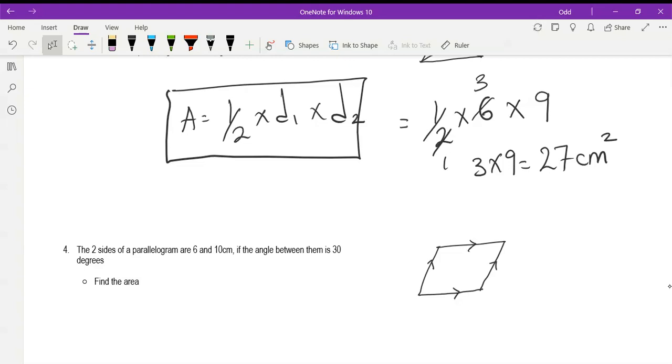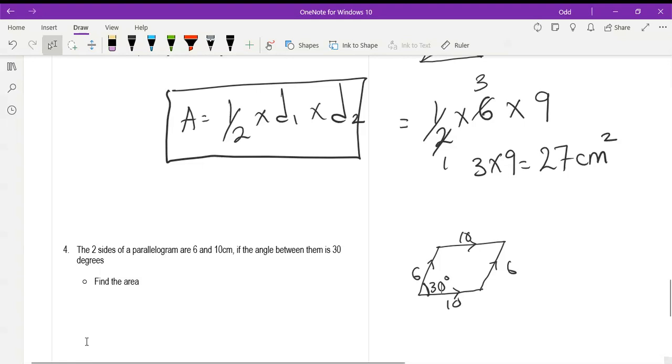So let's say this is 10, this is 6. If the angle between them is 30, find the area.